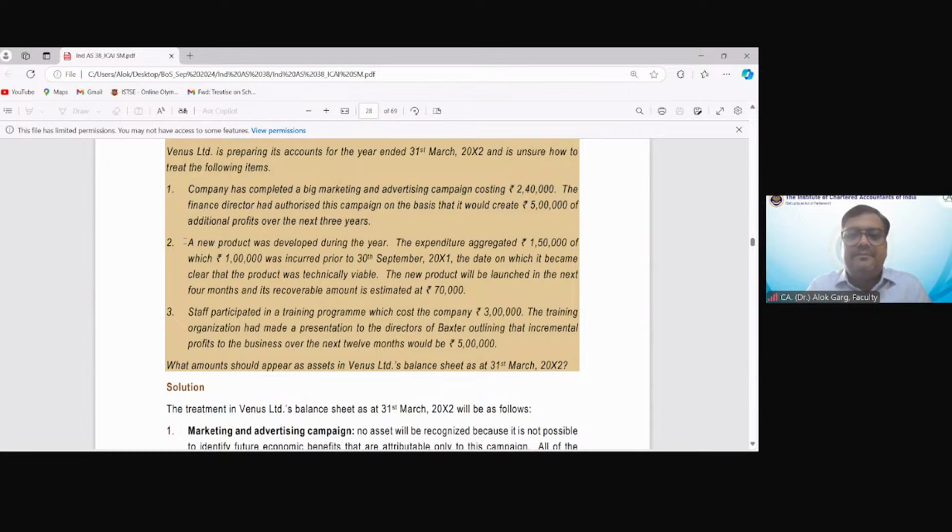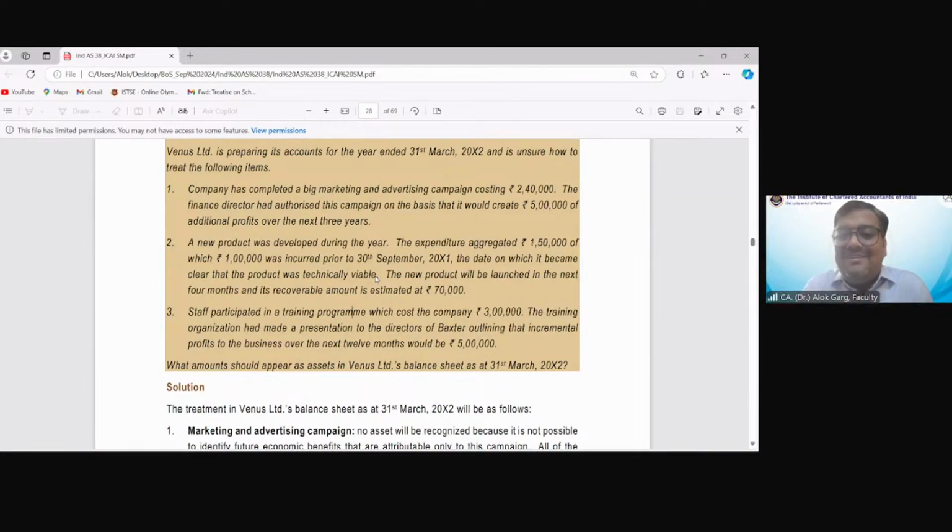Yes, charge to P&L. Second, a new product was developed during the year. New product means something which is talking about internally generated intangible asset. The expenditure aggregated rupees 1,50,000, out of which 1 lakh was incurred prior to 30th September 2001, the date on which it became clear that the product was technically viable.